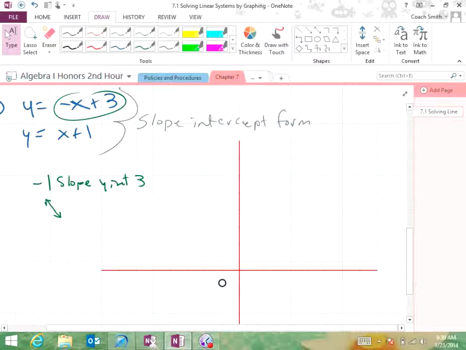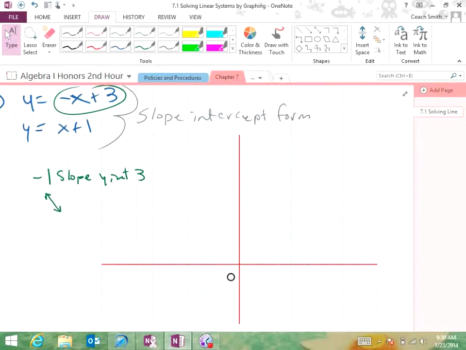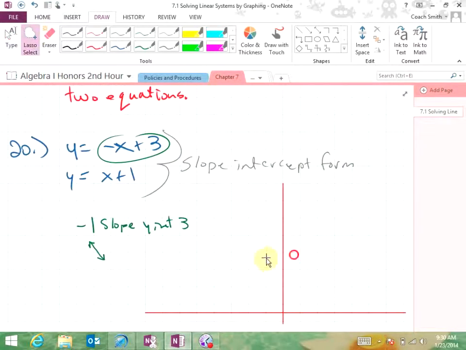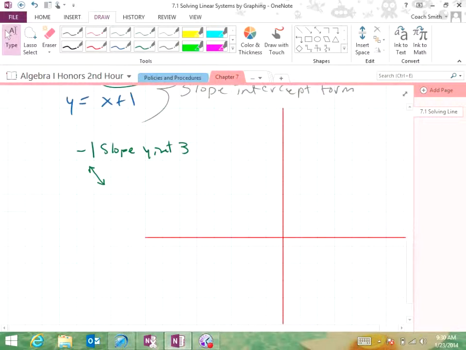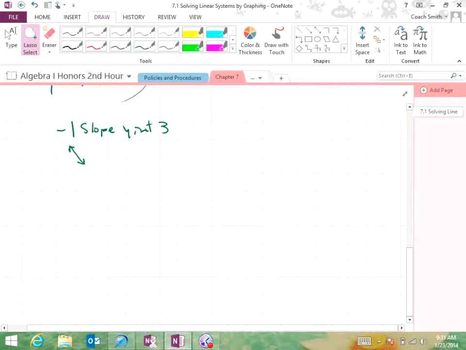I'm going to have to delete this. Well, I can't get it deleted. There we go. Because it wasn't drawn on the line there. It was halfway in between lines.